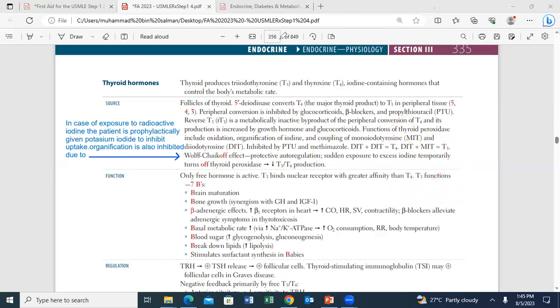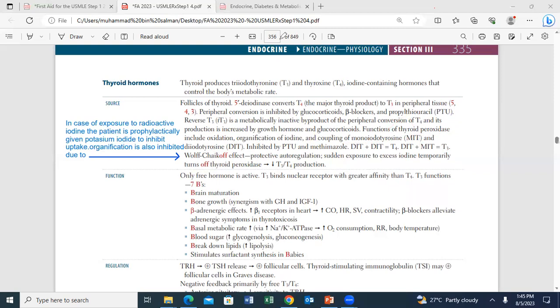All right. Now, function of thyroid peroxidase. I told you it's very important. The first function is oxidation, converting iodide into I2, iodine. Then organification of iodine, which means addition of iodine into tyrosine, making monoiodotyrosine and diiodotyrosine. The third function is the coupling of monoiodotyrosine and diiodotyrosine to form T3 and T4.